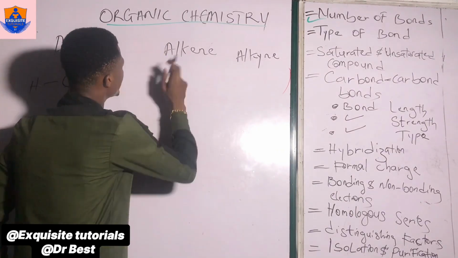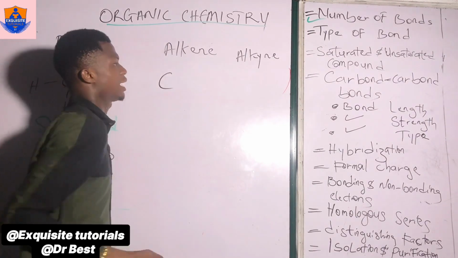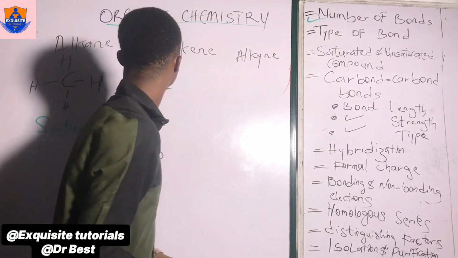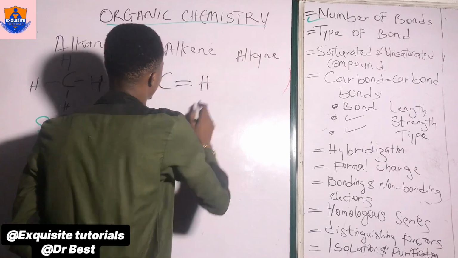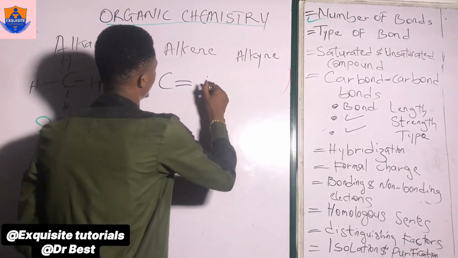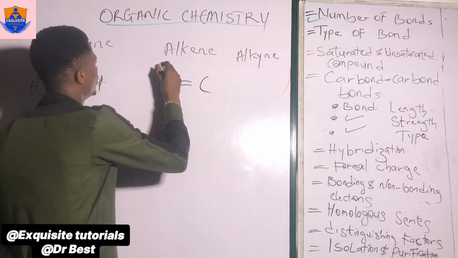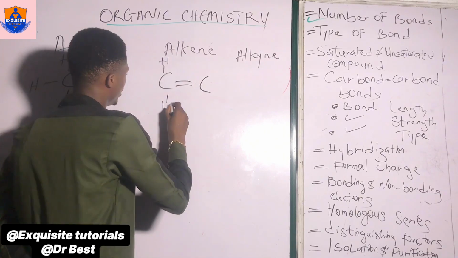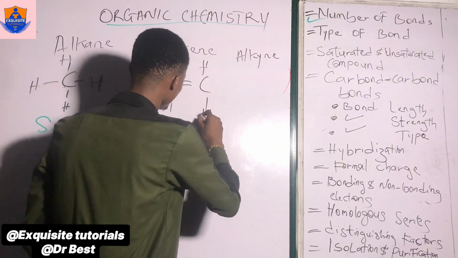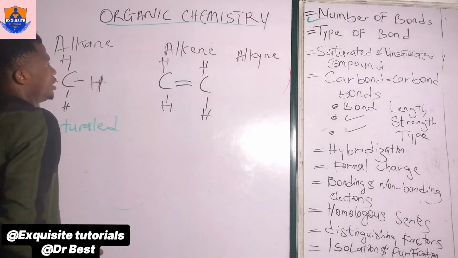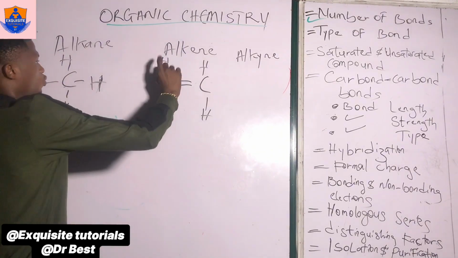Now, this is an alkene. An alkene begins with the first group, ethene. This is an ethene. So you are going to have hydrogen here, hydrogen here. Remember your knowledge on number of bonds. There's already two bonds.